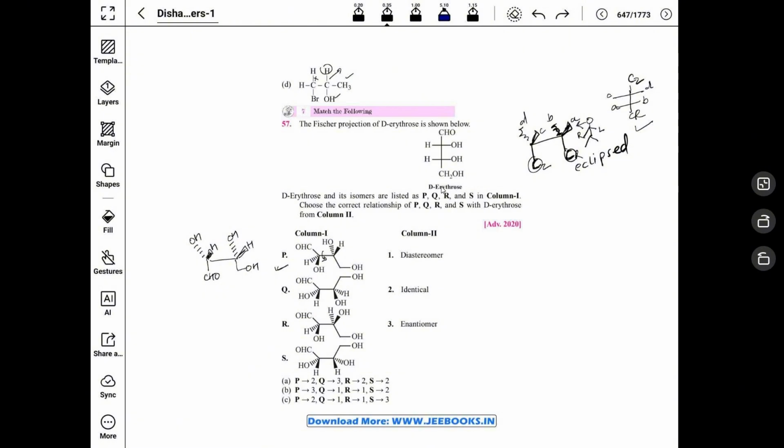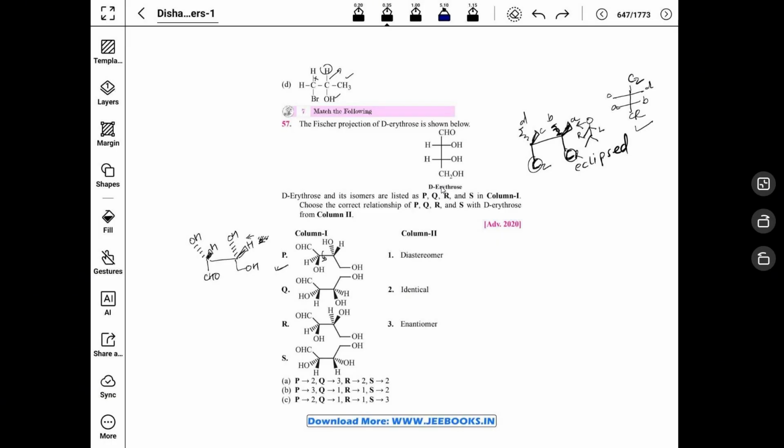So now we have written this in the eclipsed conformation, so it's easy to draw into the Fischer projection. You just have to see the molecule from this side. This is your eye, and you are watching the molecule through here.